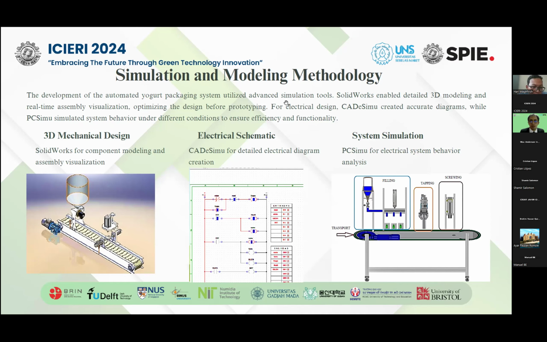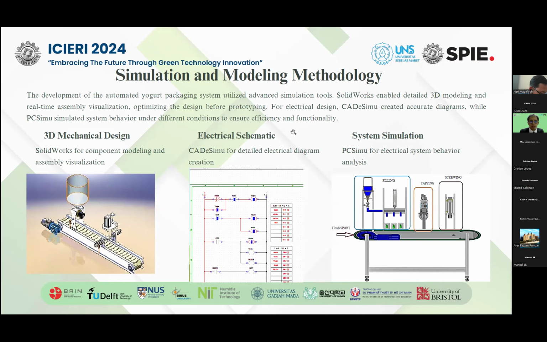Additionally, PCSimo simulates system behavior under various conditions, enabling us to assess efficiency and functionality prior to implementation. This simulation and modeling approach played a critical role in ensuring that our automated system meets the required standards of performance and reliability.